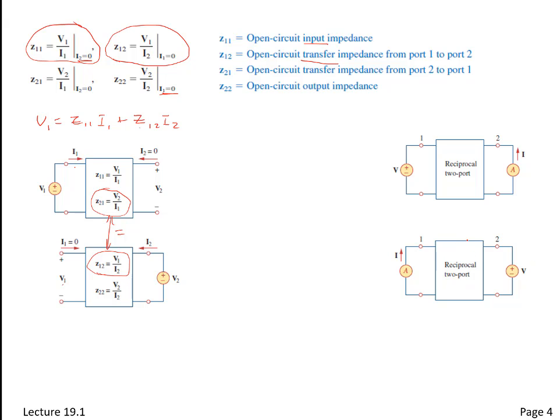It's a way of flipping the circuit. So reciprocal means the port-to-port transfer function is the same, which means it behaves the same in both directions, whereas symmetry means it's as though you have two equivalent Thevenin sources or two equivalent driving point impedances.